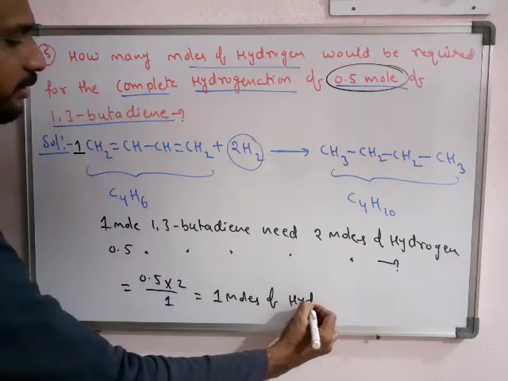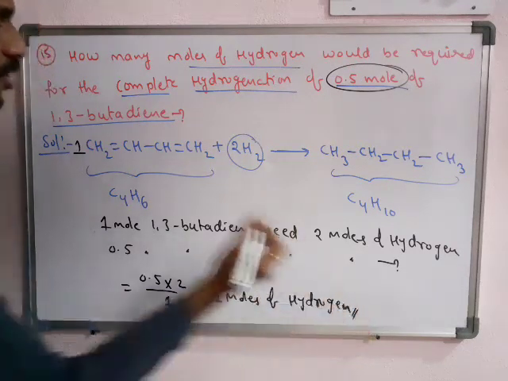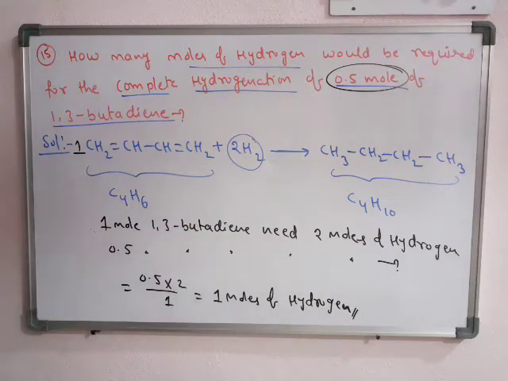So 1 mole of hydrogen is required for the complete hydrogenation of 0.5 mole.